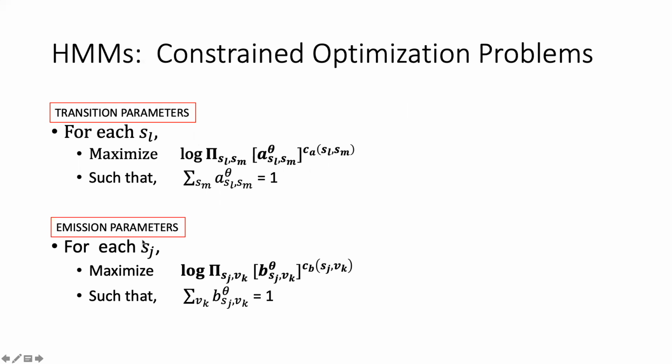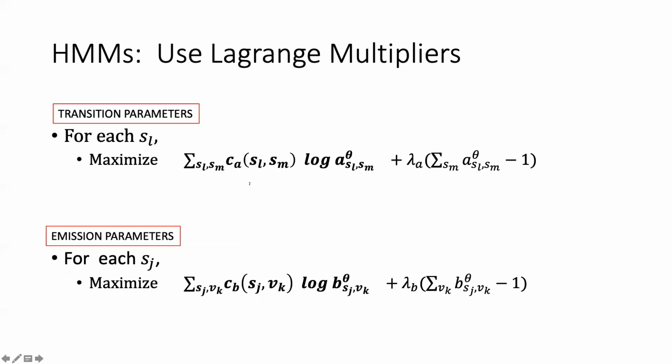And similarly for emission parameters, we can define the objective function and the constraint over the emission parameters. So these are solved using Lagrange multipliers. Using the Lagrange multipliers, we can introduce the Lagrange variable and try to maximize this particular objective function for transition parameters, and the corresponding expression for the emission parameters is this one.